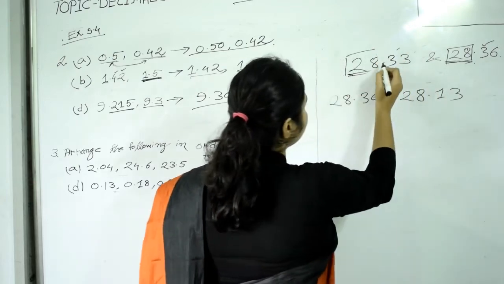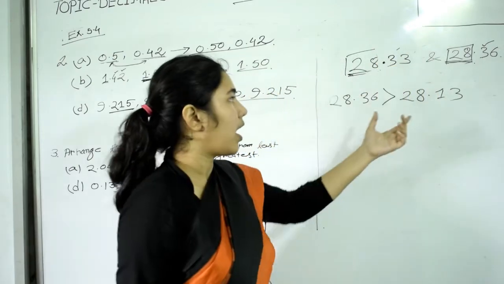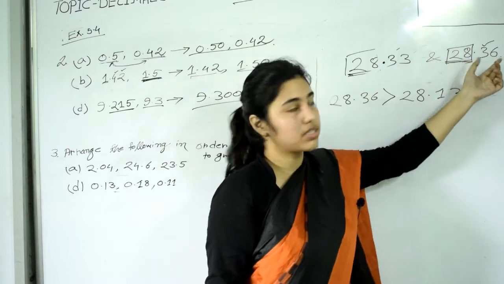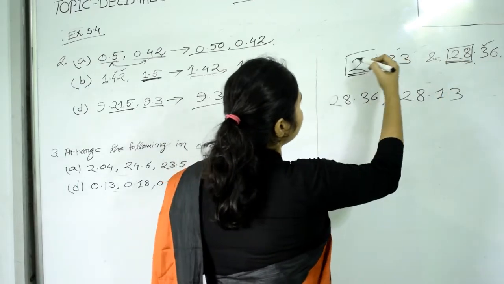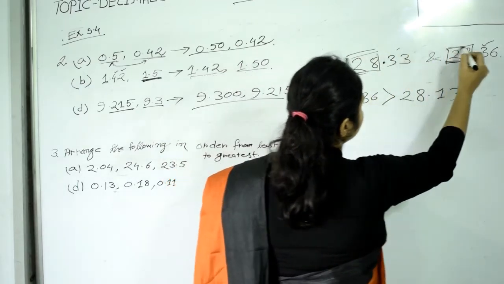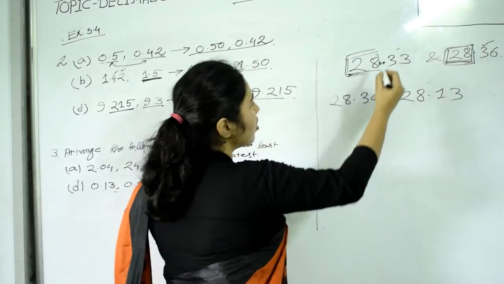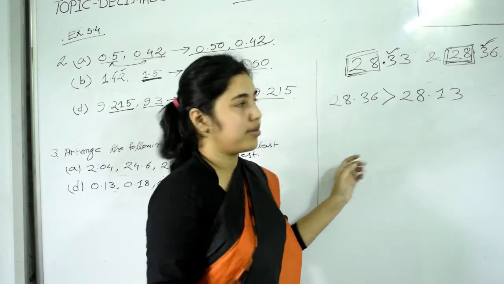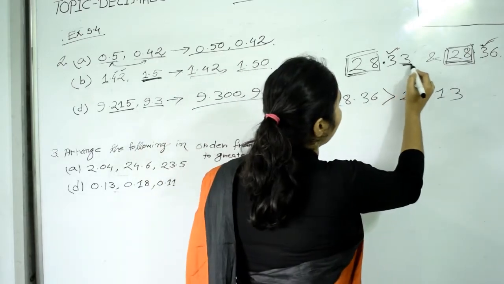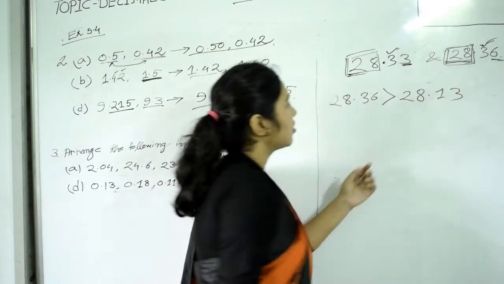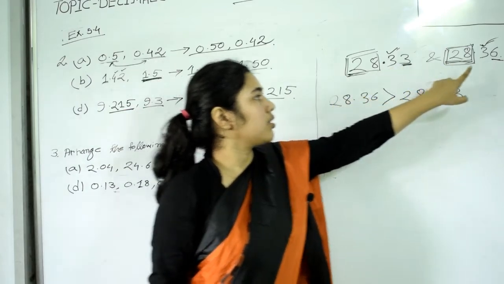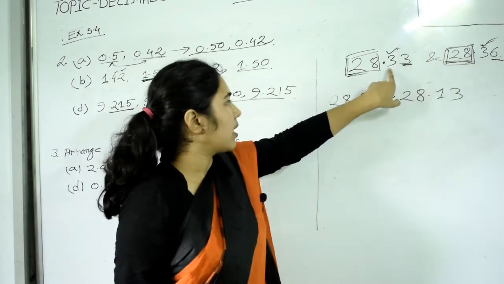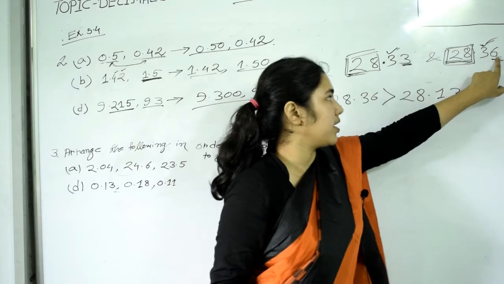Now if the 10th place is also equal, suppose consider 28.33 and 28.36. Here the whole number part is equal and the 10th place is also equal. Then compare the 100th place. If the 10th place is equal, then compare the 100th place.